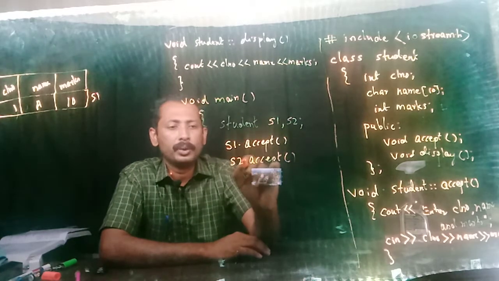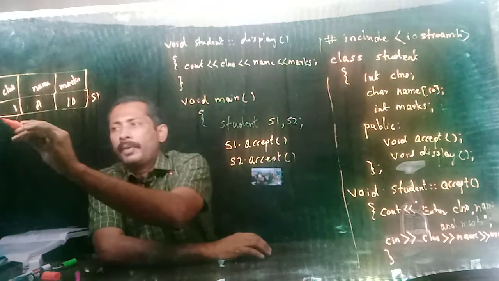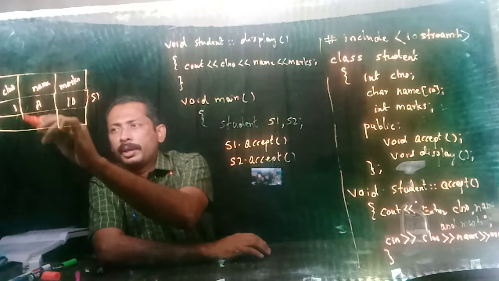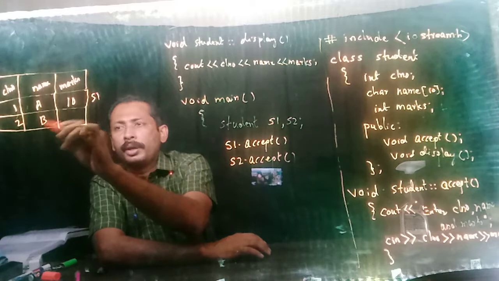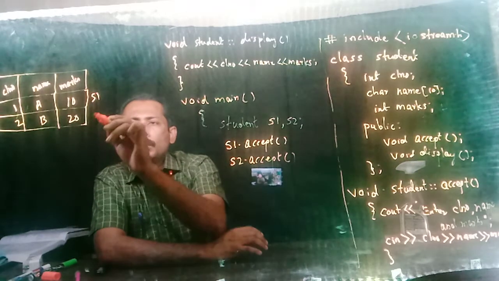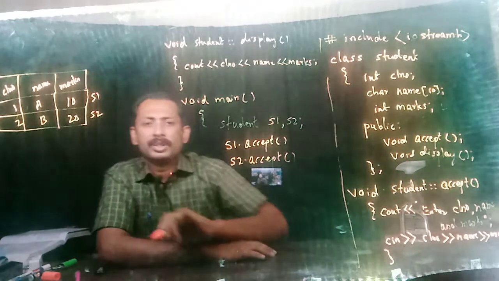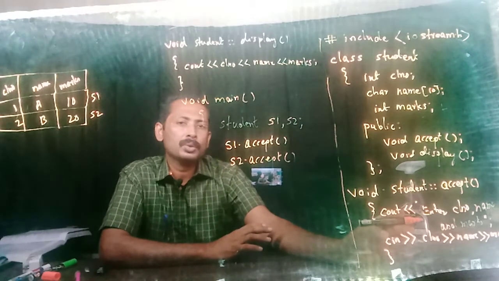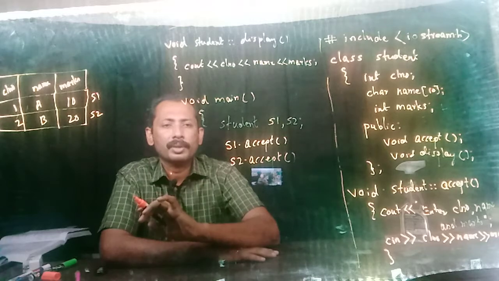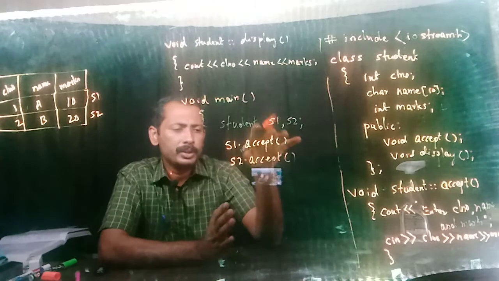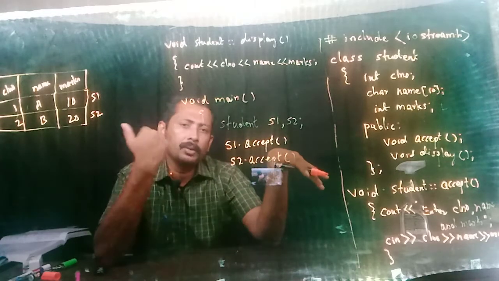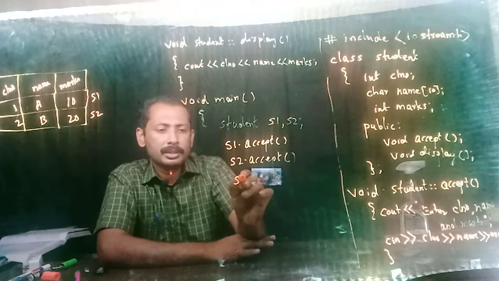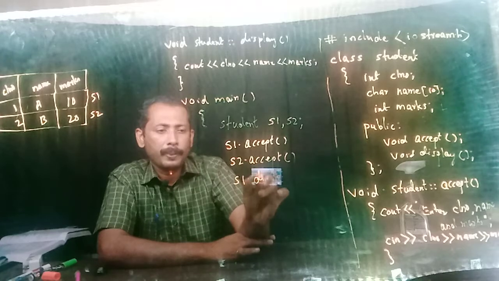So S2 dot accept means whatever value we have given during this execution time is stored to the row of S2. So this value belongs to S2. Likewise, if we have 10 objects, I can have 10 accepts. Okay. Then I am doing S1 dot display.